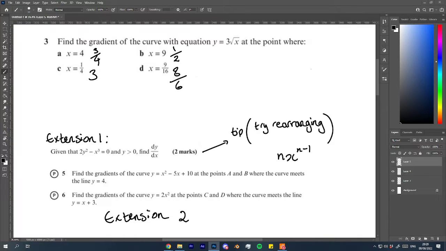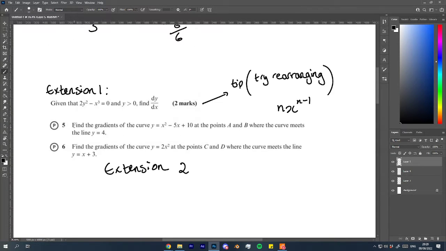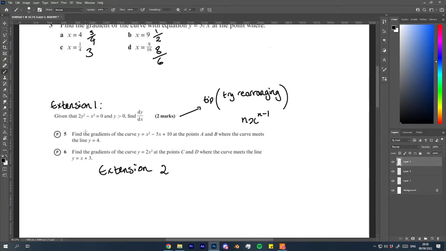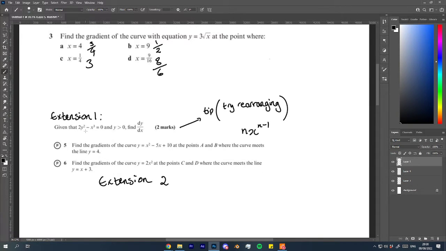Okay. Let's see this. I assume everyone's okay with the first one. I'm going to go through extension 1 in 1 minute, 30 seconds. If you do need more time, please do let me know.